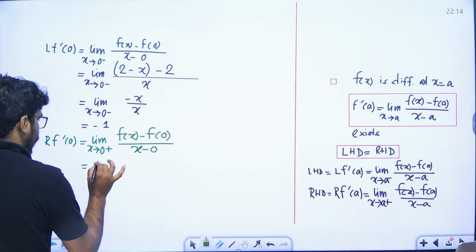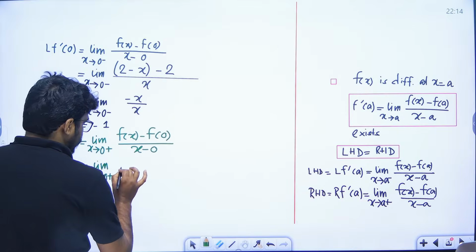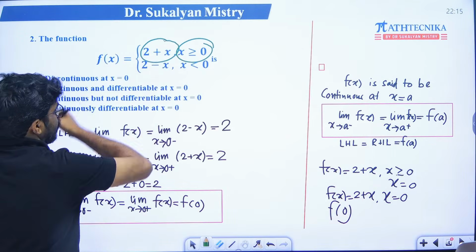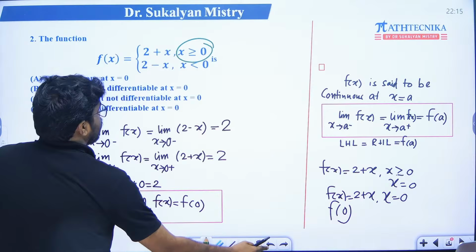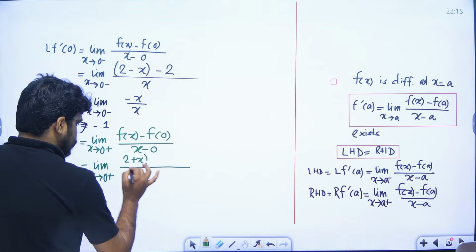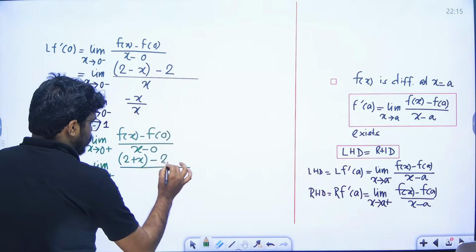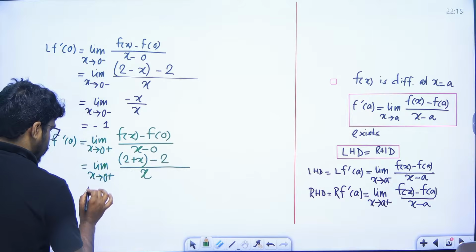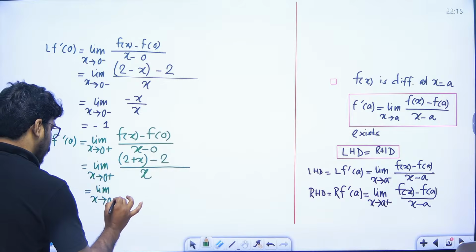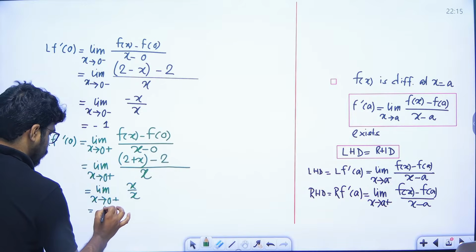When x is greater than or equal to 0, f(x) is 2 plus x. Minus f(0), and f(0) is 2, divided by x. So that is the limit as x tends to 0 plus of, 2 cancels, x by x. So this is 1.